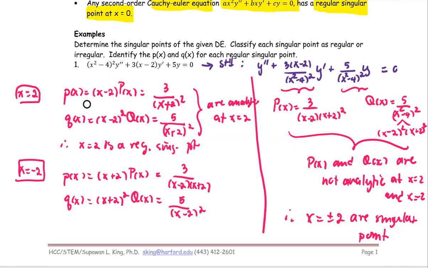So at x equals negative 2, the function lowercase p(x) is not analytic because we have the factor (x plus 2) there, but q(x) is analytic. Since at least one of them is not analytic, we can say that x equals negative 2 is an irregular singular point.